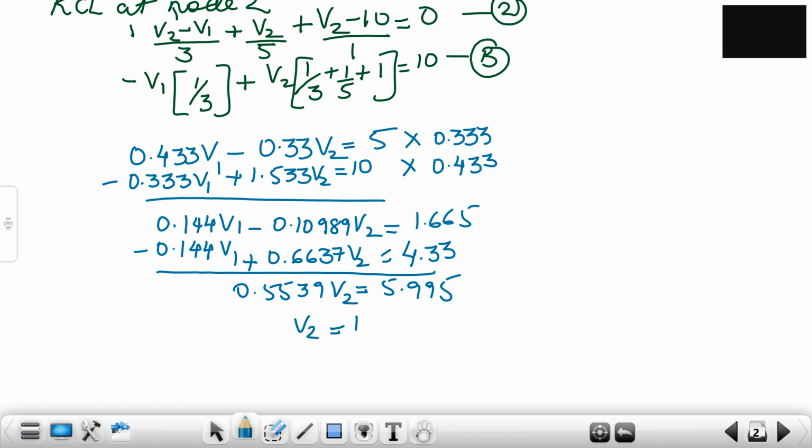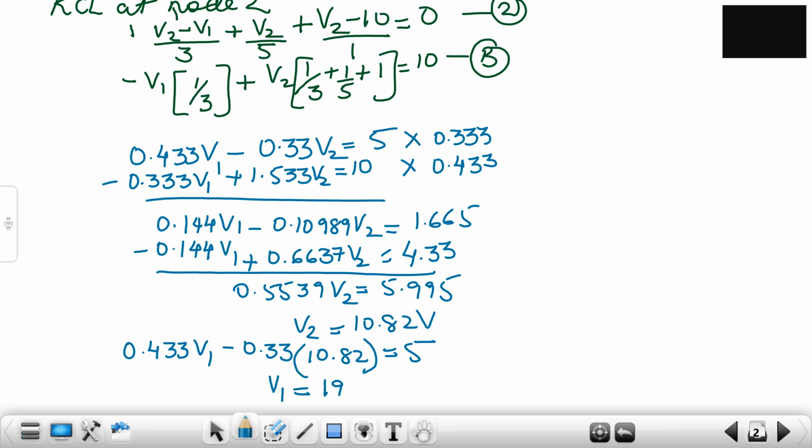So V2 is equal to 10.82 volts. That is your node 2 voltage. So what will be your node 1 voltage? Just substitute in one of the equations: 0.433 V1 minus 0.333 into 10.82 is equal to 5. So V1 we are getting is 19.79 volts. That is our V1.